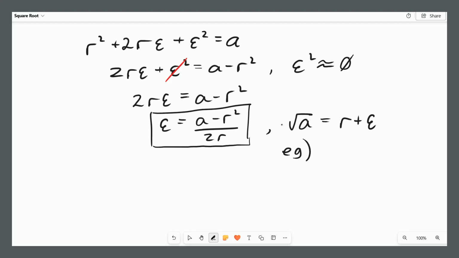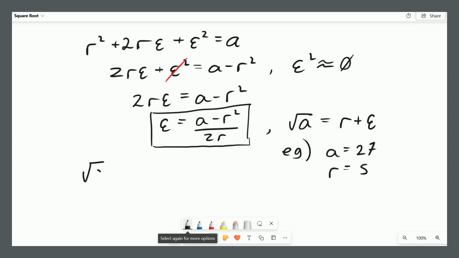So for example, if a is 27, well then r is 5, which is the square root of 25, and in this case, epsilon would be positive. So once we know what epsilon is, we calculate r plus epsilon, and we get our answer. So the square root of a is r plus epsilon, which is r plus (a minus r²) over 2r.